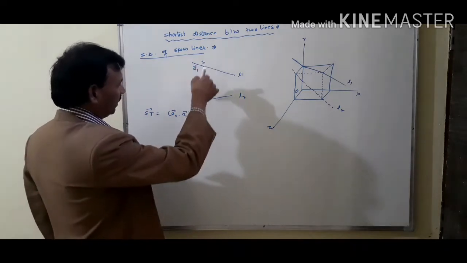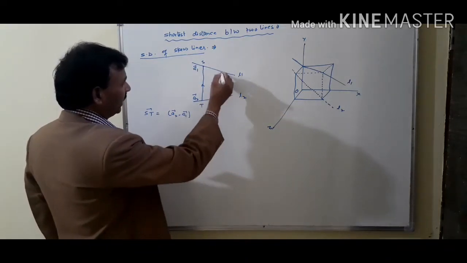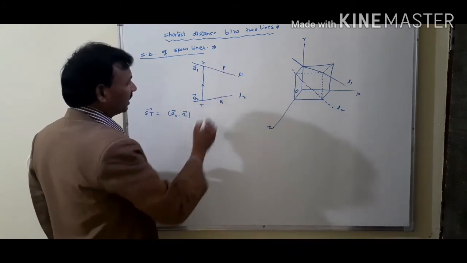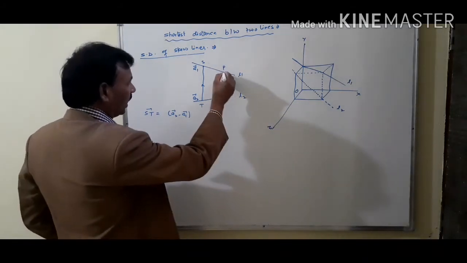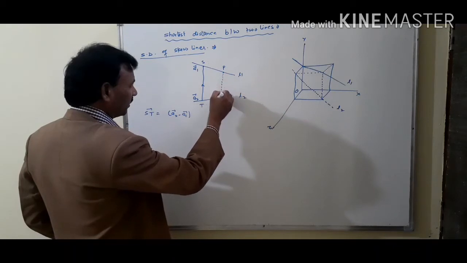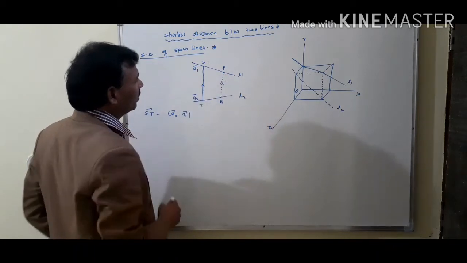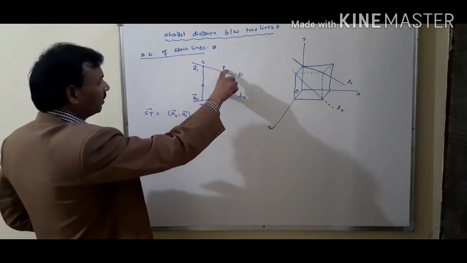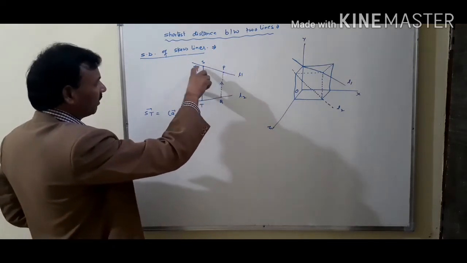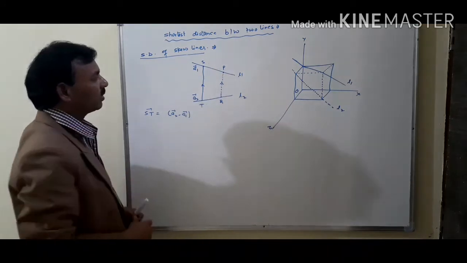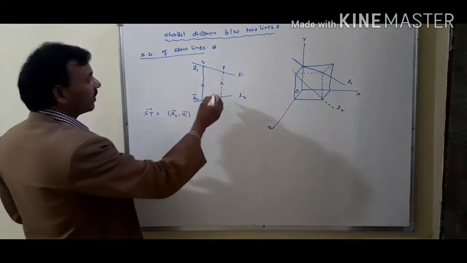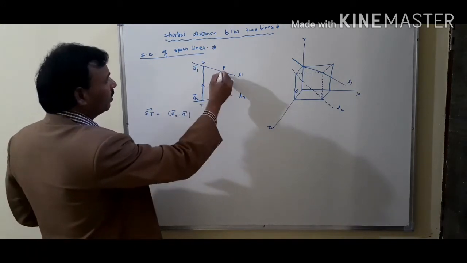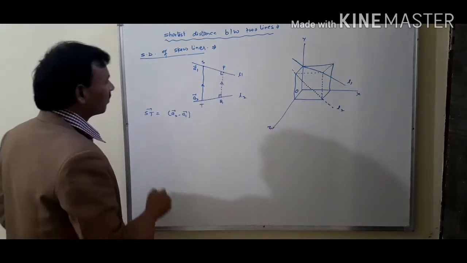If the projection of ST is denoted by PQ, and if we join this PQ, then if PQ is the projection of ST, PQ will be the shortest distance if PQ is perpendicular on line L2 and L1 also.